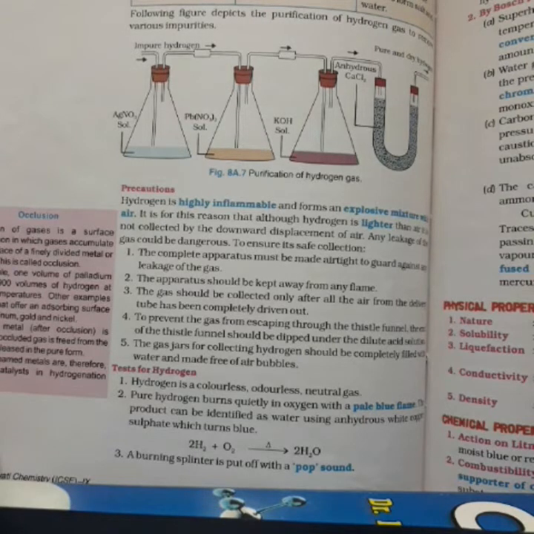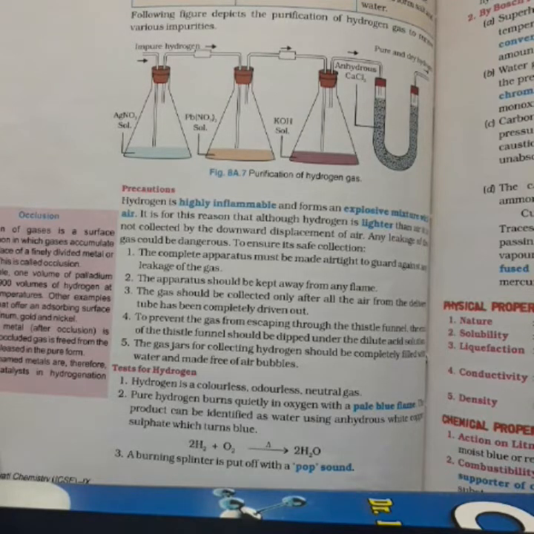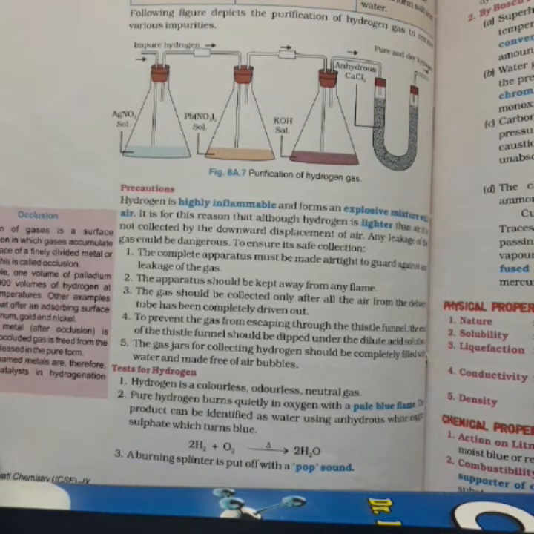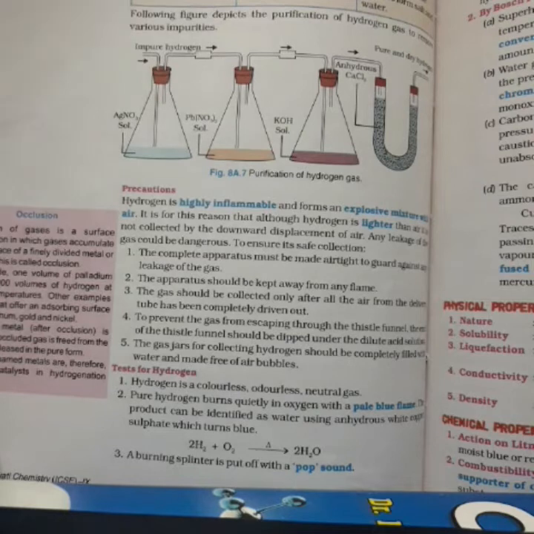Then what you should know, certain precautions also. No leakage of gas should take place and no flame must be near the apparatus. Why? Because hydrogen is a combustible gas, and it forms an explosive mixture with air.